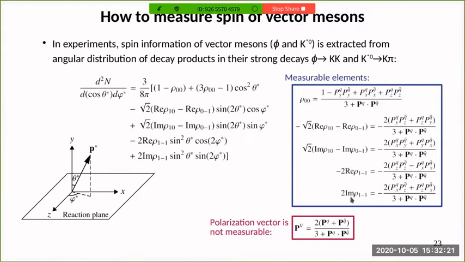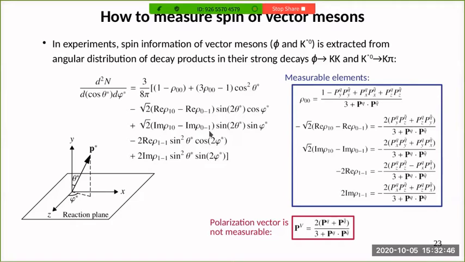By the way, from the equation for the spin density matrix of the vector meson, one can also obtain the relation between the vector meson polarization and the quark polarization. However, the polarization vector is not measurable in this angular distribution.